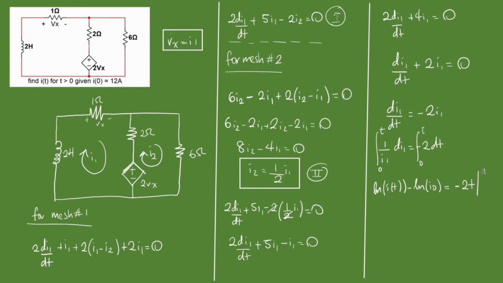How this works is that we're integrating with definite limits. So when the time is 0, this tends to 0.